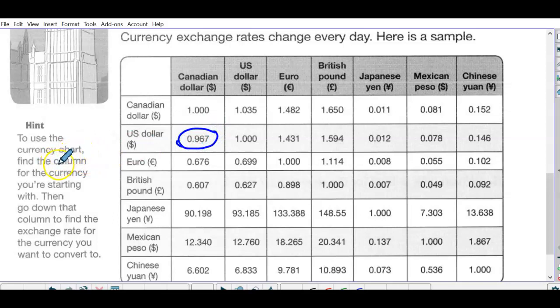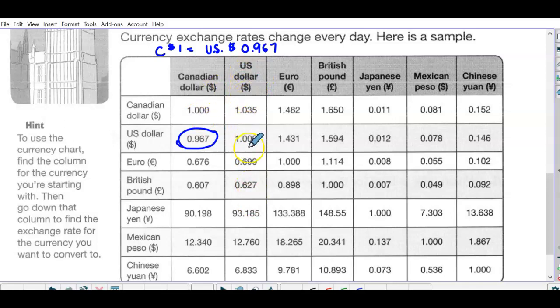Okay, find the column, so look for the column, go down. So that here says that 1 Canadian dollar equals 0.967 US dollars. If you go across the other way, that's not the best way to do it, because you're going down here.